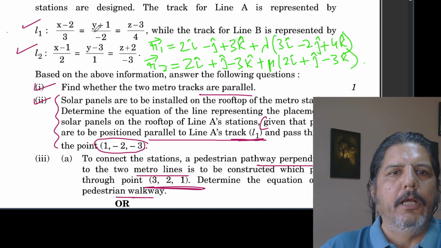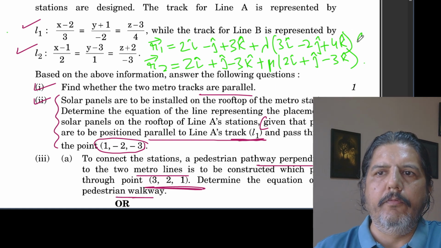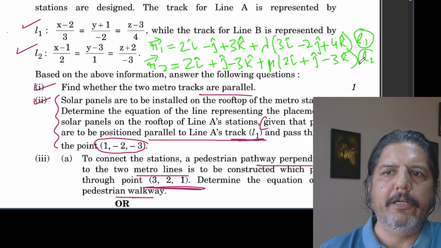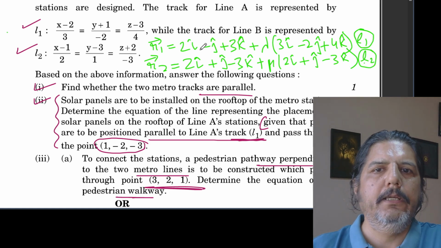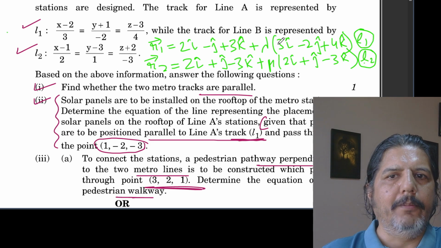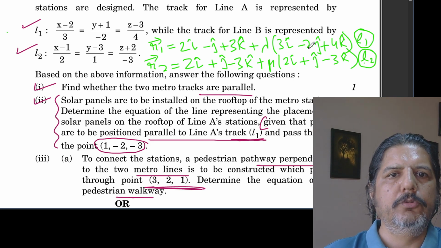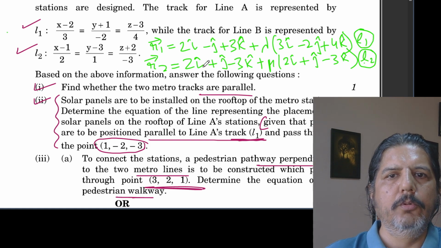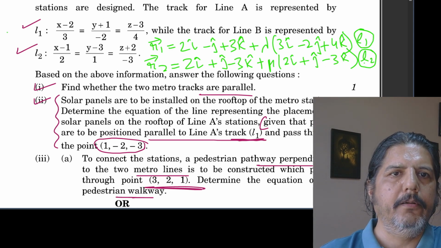So this is the vector form of L1, and the vector form of L2 looks like this. I think I've made a mistake here.